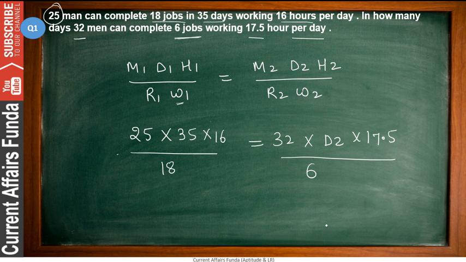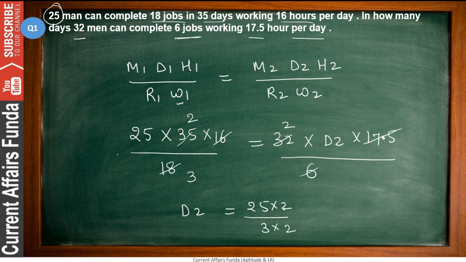The 6 goes in the division section. You can cancel out 6, 3 times here, and 17.5 it will be 2 times. So D2 will be 25 into 2 divided by 3 into 2, with 16 cancelling 2 times.